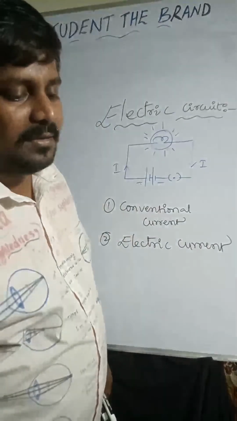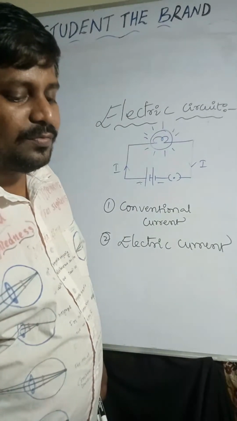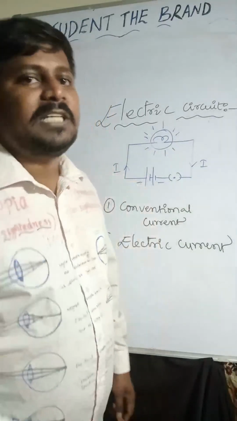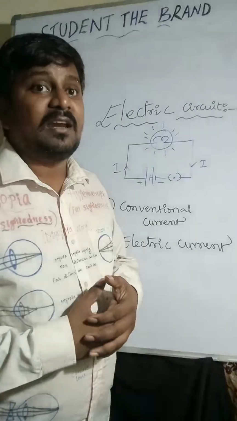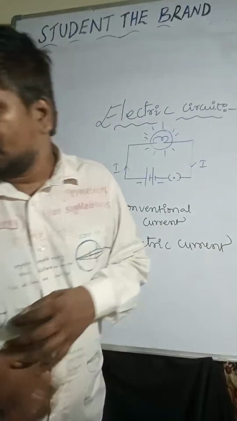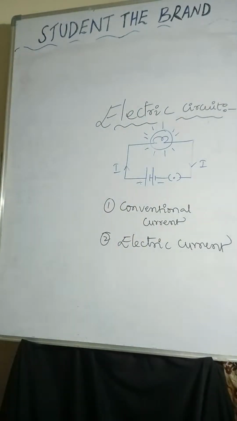Conventional current is the flow of positive charges. Flow of positive charges is known as conventional current. Flow of electrons is known as electric current.